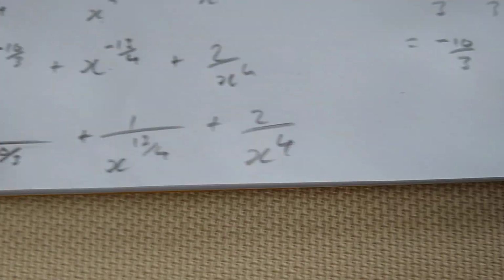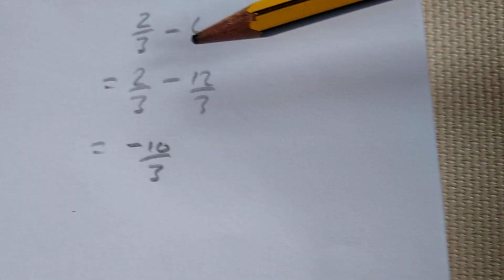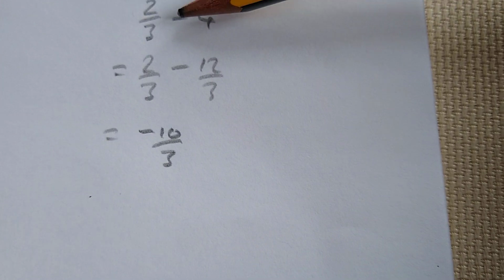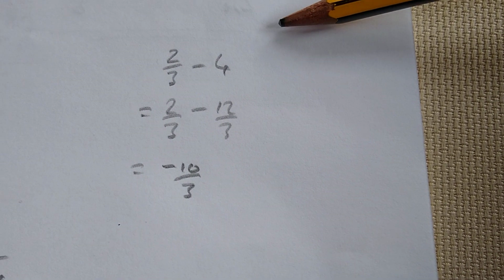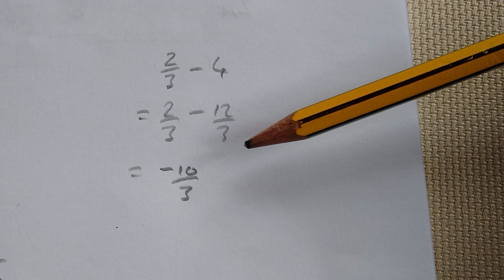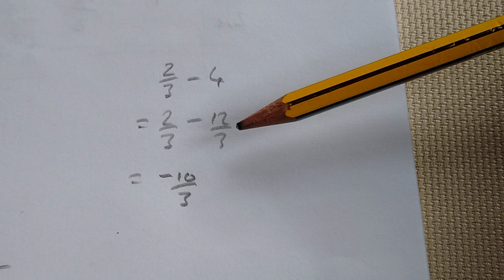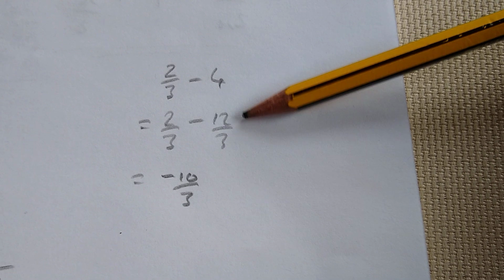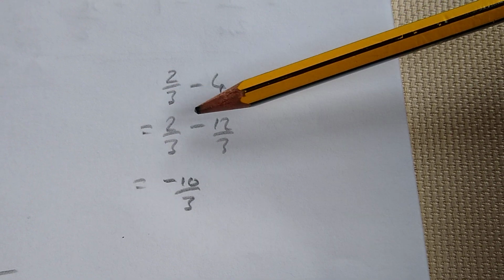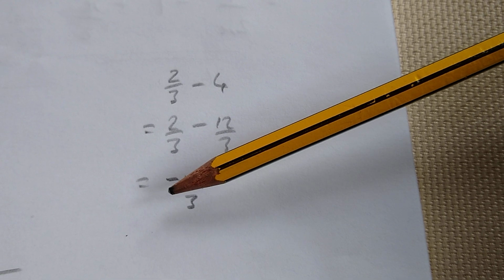So over here I've done 2/3 minus 4. So I need to turn 4 into 12/3. 1 whole is 3/3, 2 wholes are 6/3, 3 wholes are 9/3, 4 wholes are 12/3. So 2/3 minus 12/3 will be negative 10/3.